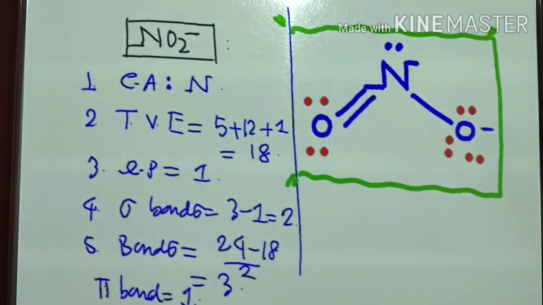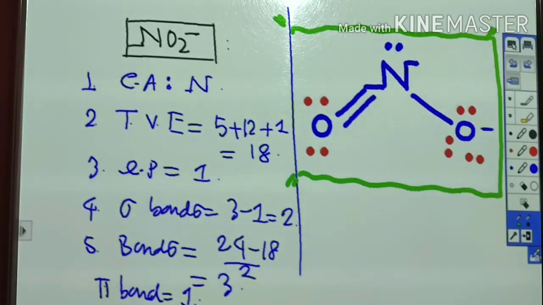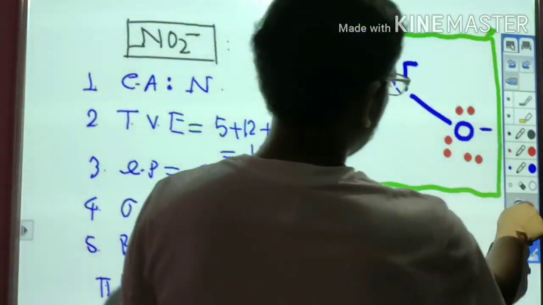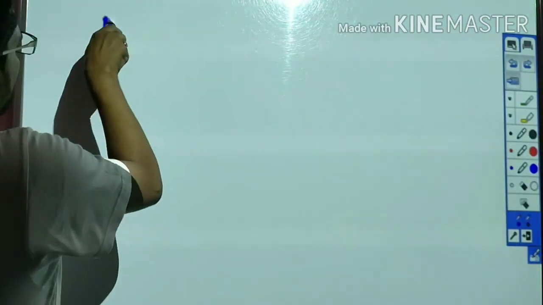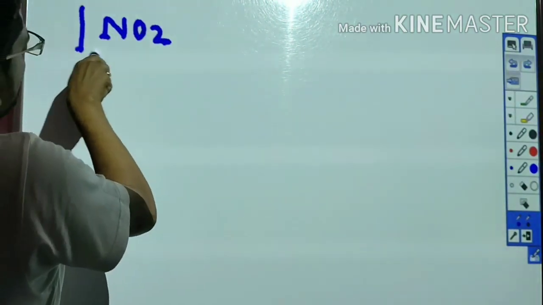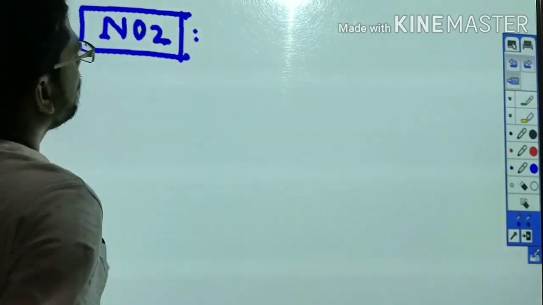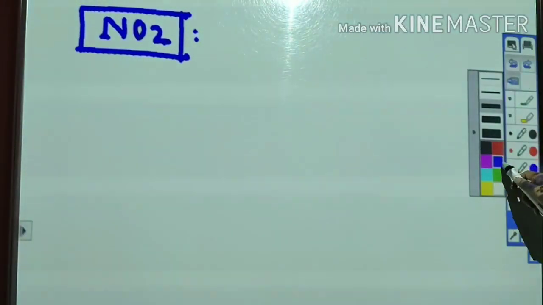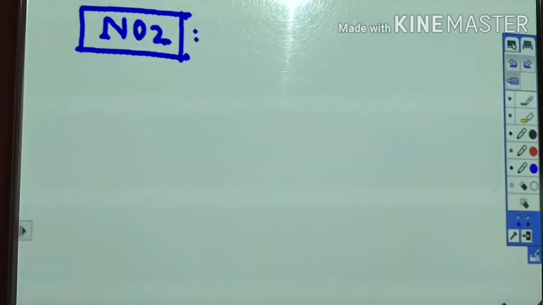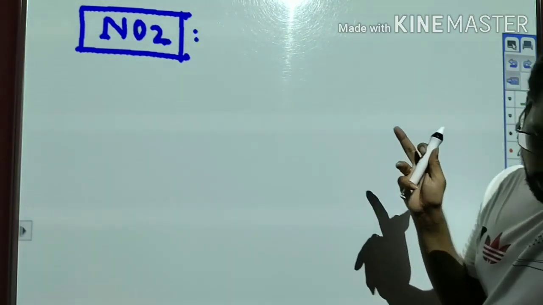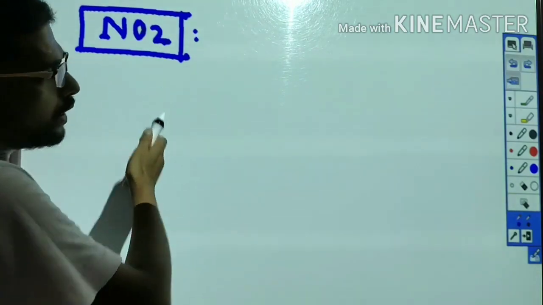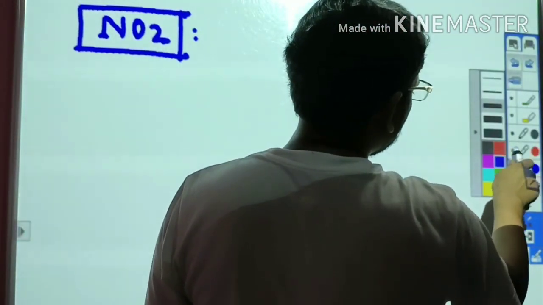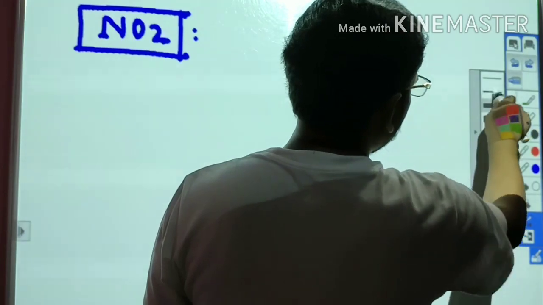Now, let me draw the Lewis structure of NO2. Students face difficulty with this structure because it is basically an odd electron species, but it won't be a big issue if you follow the rules.